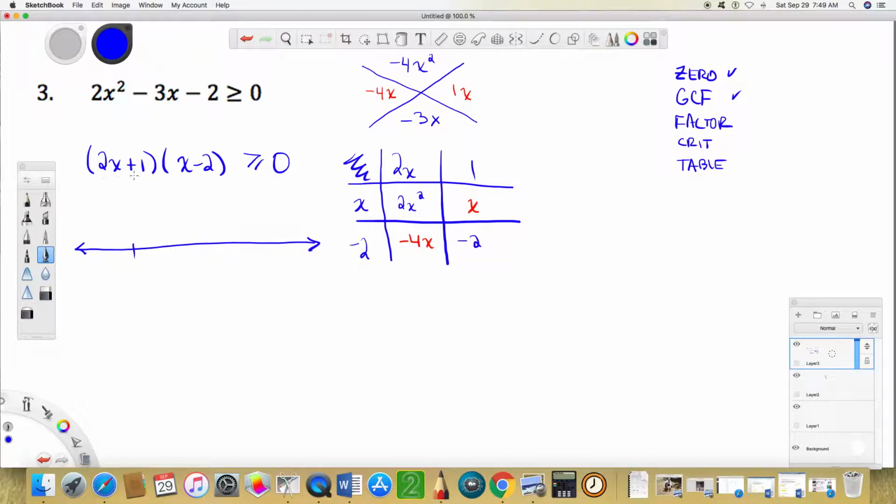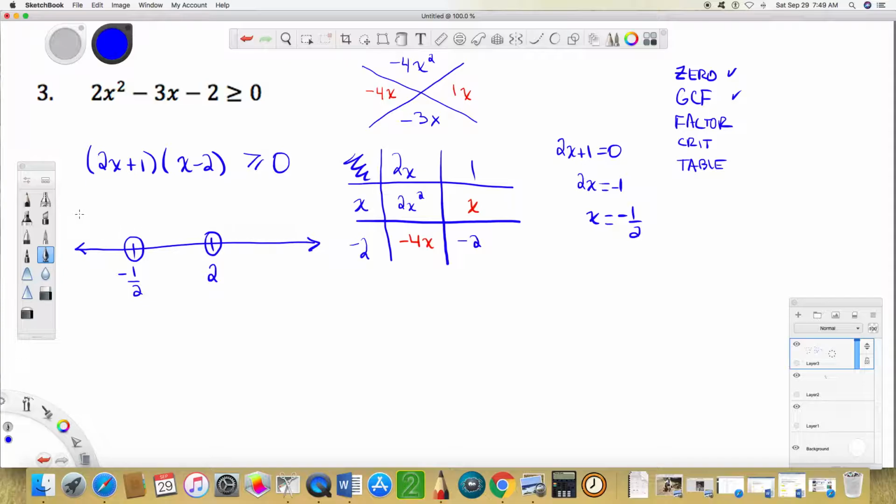So if we set 2x plus 1 equal to 0, you can see that negative 1/2 is the solution, because this is a 2-step equation. Subtract 1 and then divide by 2, and you have your answer. And you can see this other factor is just a 1-step equation. If x minus 2 equals 0, then x has to be 2, because 2 minus 2 is 0. Pretty easy to see.